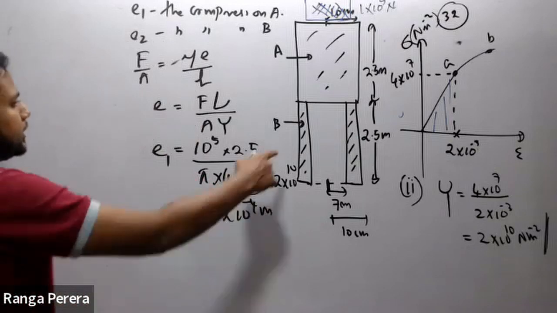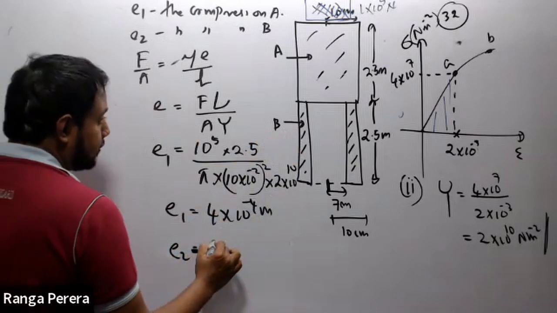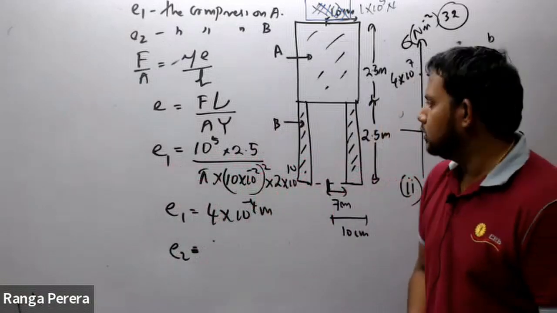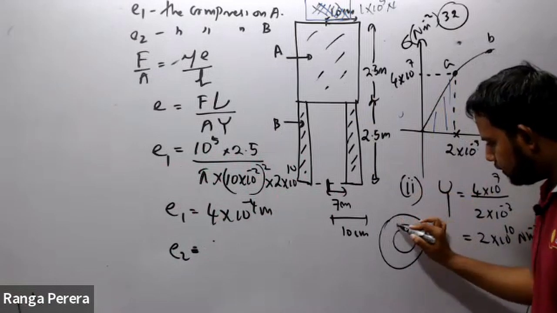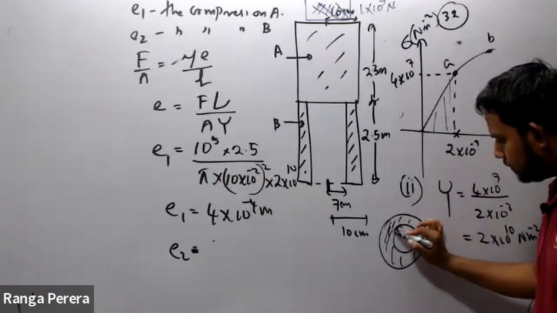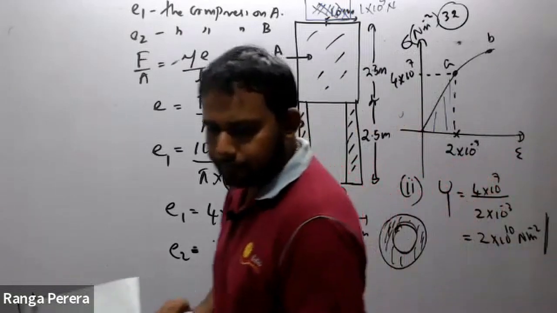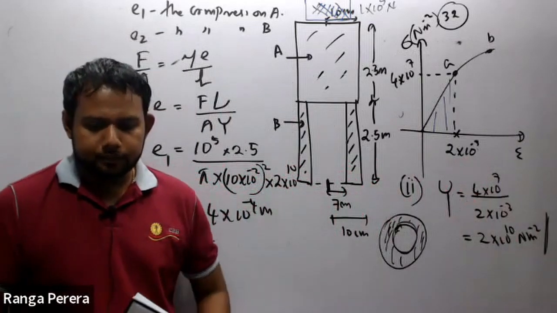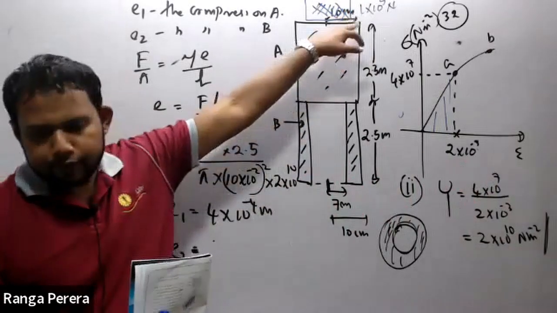Similarly, we can calculate for B, for E2. E2 equals F over... what is the value of F? If you consider this cross section, it's a hollow one. What is the force applied on this cylinder? The top one is 10 to the power 5.